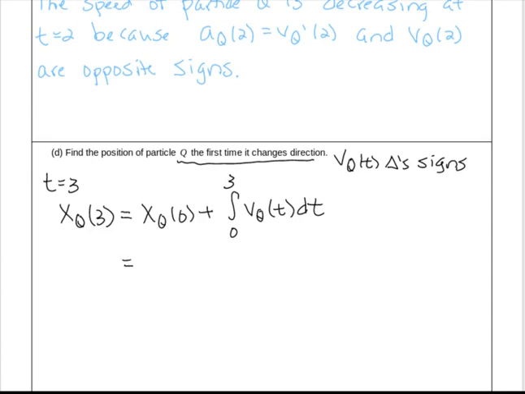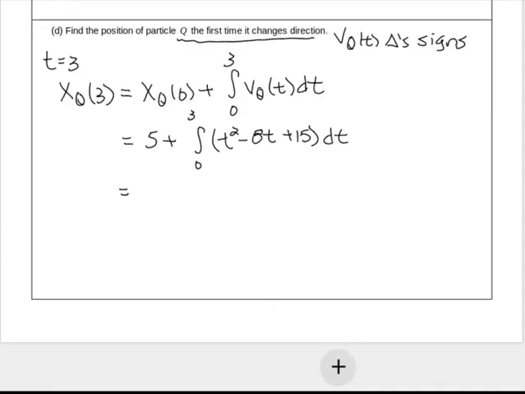So we have 5 plus the integral from 0 to 3 of t squared minus 8t plus 15 dt. We need an antiderivative here: 1/3 t cubed minus 4t squared plus 15t, evaluated from 0 to 3.